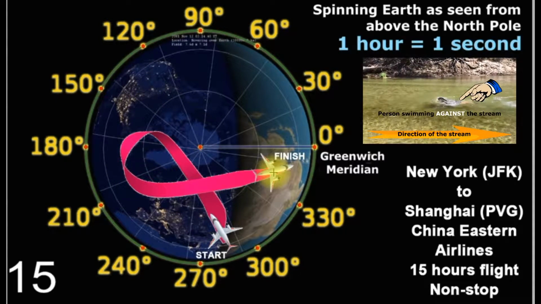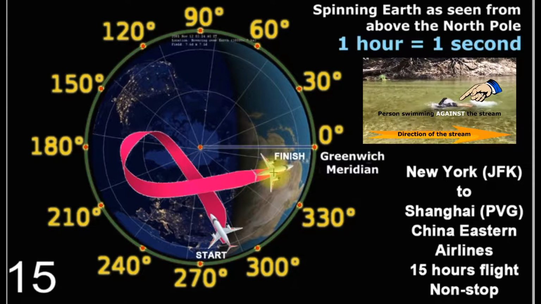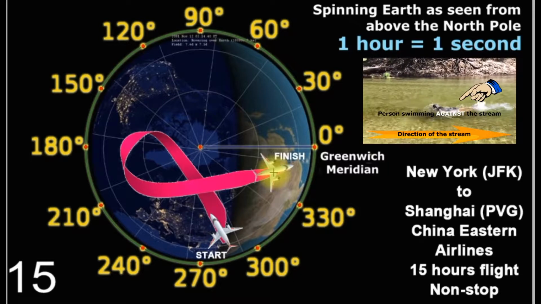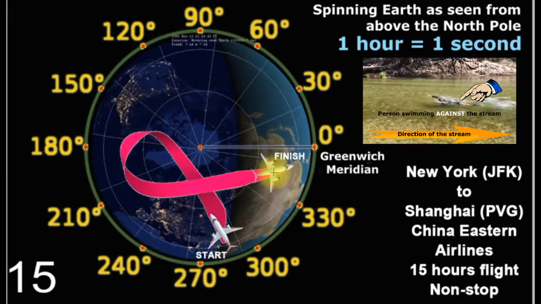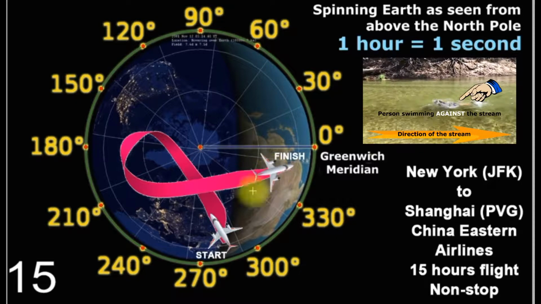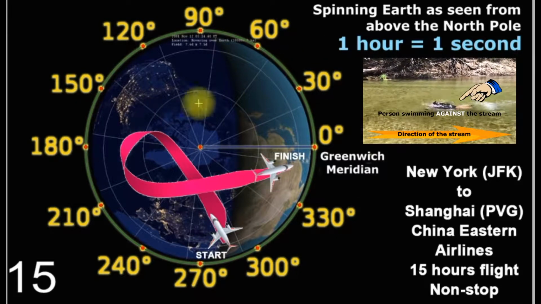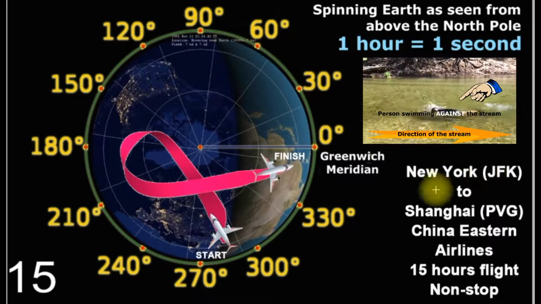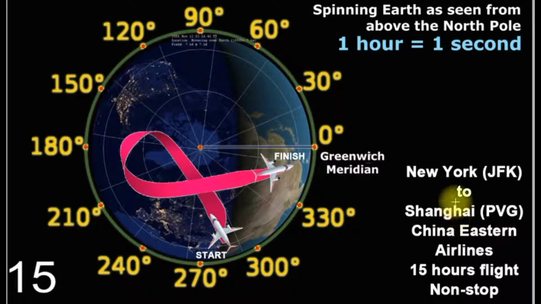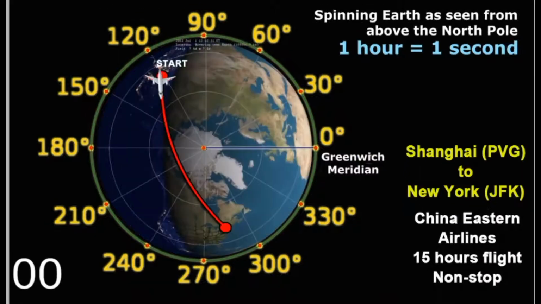So, of course, this is not happening because Earth is not rotating, because Earth is not a globe. You get the picture now? Earth is flat, and we go from point A to point B without these crazy things right here, because Earth is not rotating. Now, let's look at the flight back from Shanghai to New York.